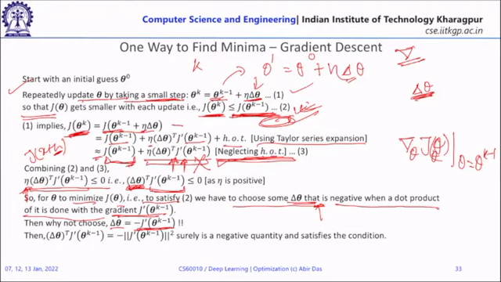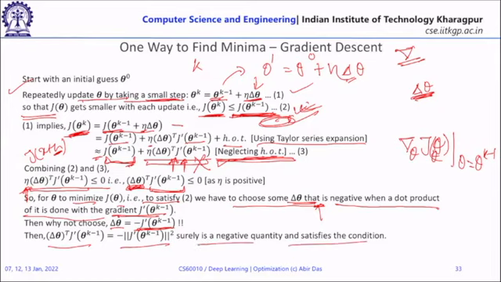If you don't know anything about this proof, but you know a little bit about gradient descent, or have coded it any time, you know that you need to compute the gradient and then move in the negative direction. That's how it is coming. And if delta theta is this, then this times this is just the negative of the norm square of the gradient, and surely this is a negative quantity because norm is always positive.